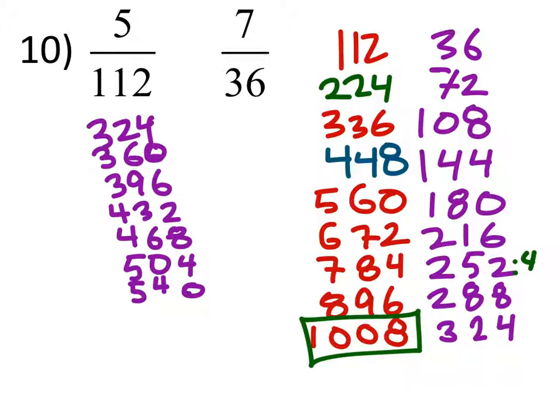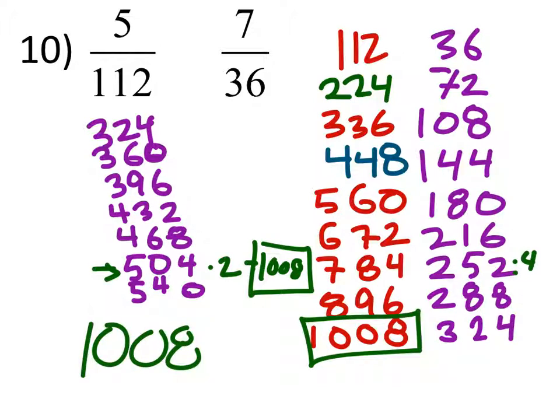Because the 504 as well, we could take that and multiply it by 2 and we'd get 1008. Which means the 504 put us halfway to the common multiple on that, which we don't want it to go that far. So that's as far as we'll go on that. The common multiple, 1008, would be the common denominator on this.